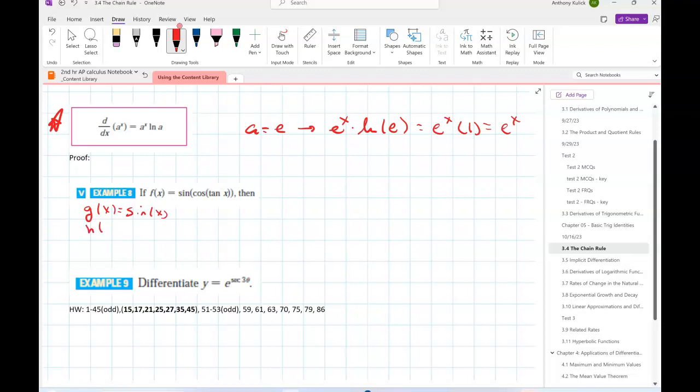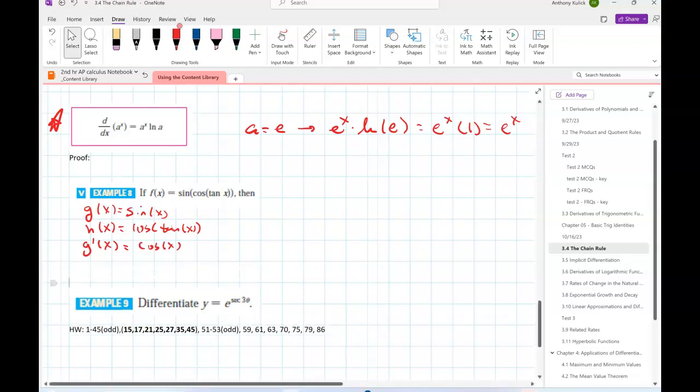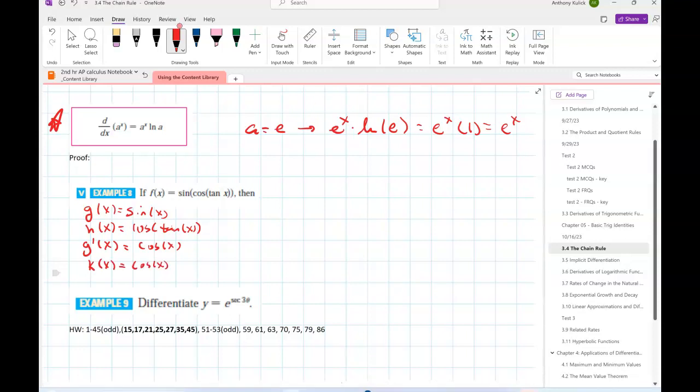And then the inner then is cosine of tan x, which is its own chain right there, which is when we have to do h prime, will require another chain rule. So let's say k of x then is our cosine x, and L of x is our inner.